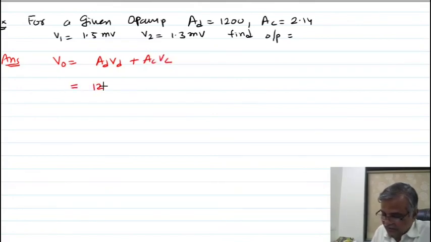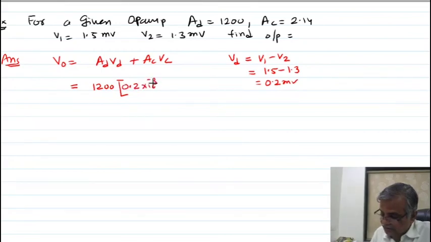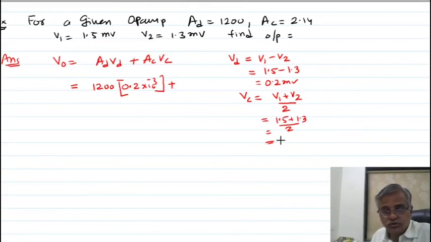What is the differential gain? 1200. What is differential input? V1 minus V2. So I can write 1.5 minus 1.3, 0.2 millivolt, 0.2 into 10 raised to minus 3, plus what is common mode? V1 plus V2 by 2. So it is 1.5 plus 1.3 by 2. So I will get 2.8 by 2, which means 1.4 millivolt.